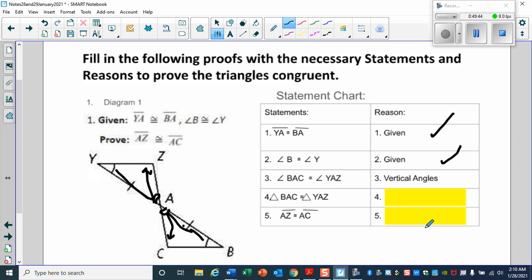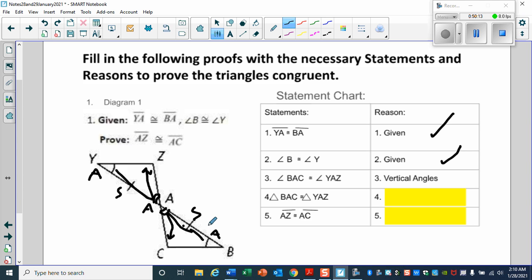But now we have a triangle congruence because angle, side, angle. And similarly, angle, side, angle. That's it. And now since these two triangles are congruent, then we can say these two sides will be congruent.